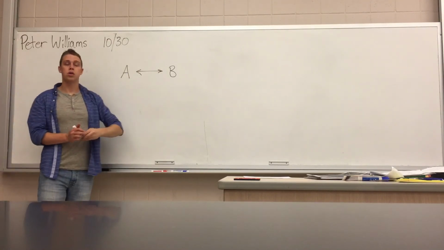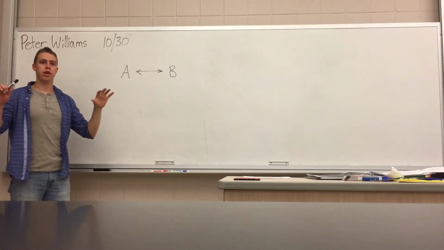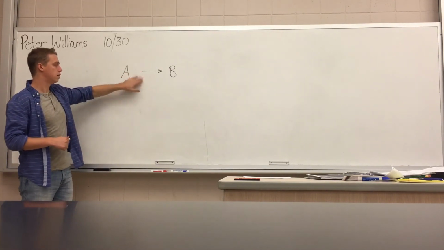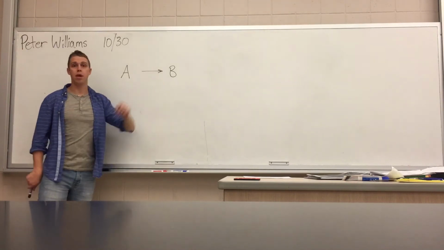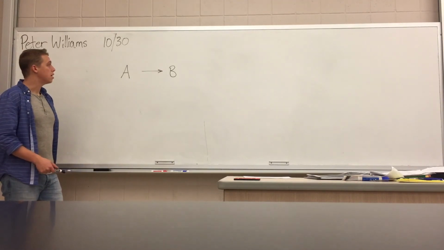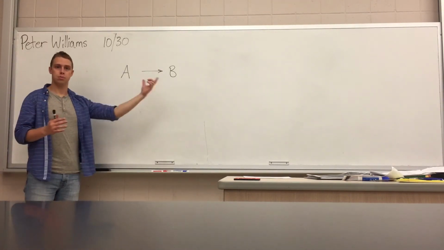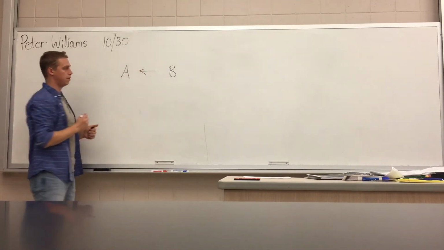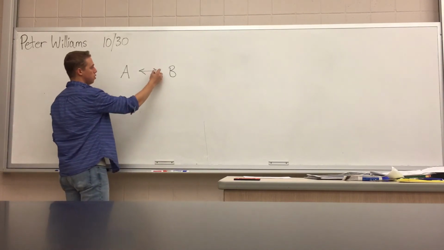This is how you logically prove that two things are equivalent. It's not enough to just have it one way. If it was just A implies B, then you wouldn't have an equivalence between the two. Or if it was just B implies A, you have to have both.